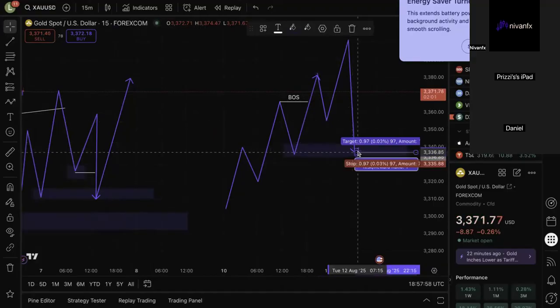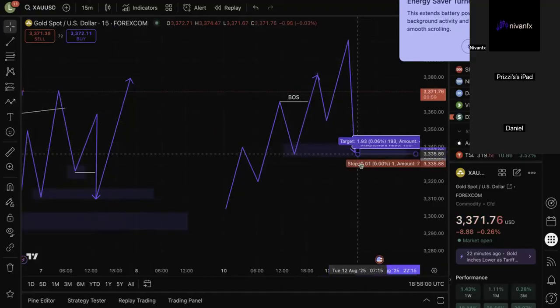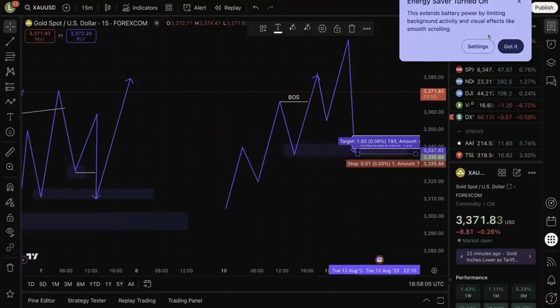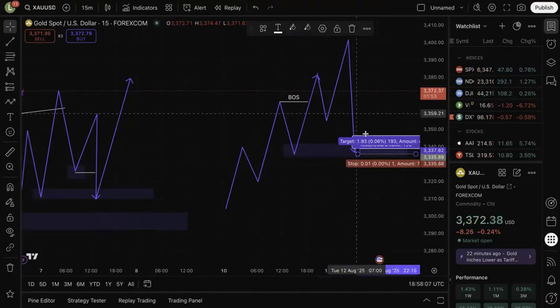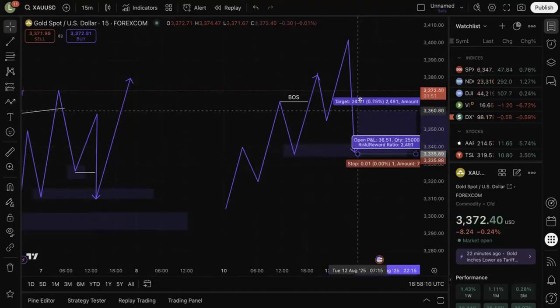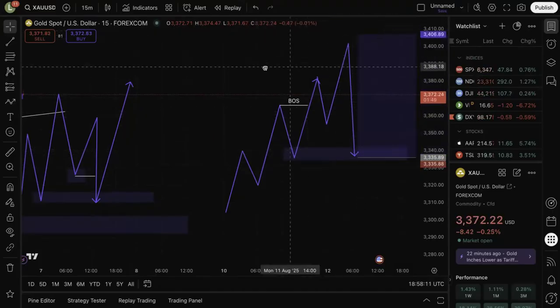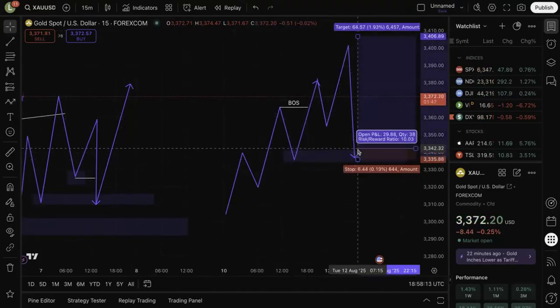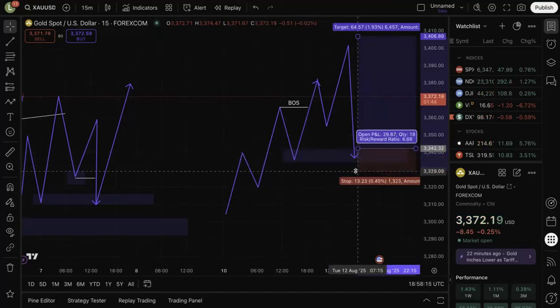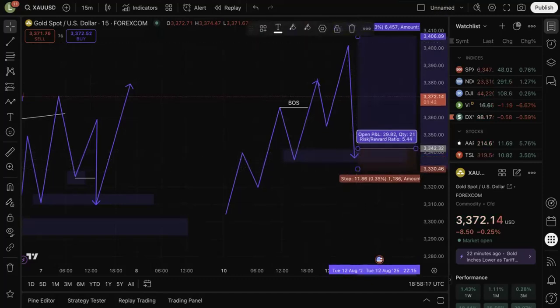That is when you have had all confirmations in sync, both your trend directional bias, your trend. You place your pending order here and it takes you to the upside.